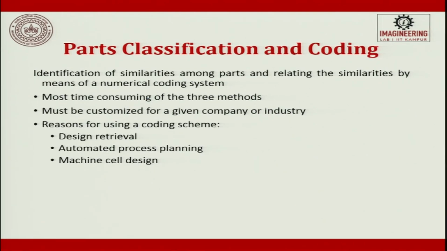So, the next one is part classification and coding. Classification and coding is very important. Identification of similarity among parts and relating the similarity by means of a numerical coding system is very important.